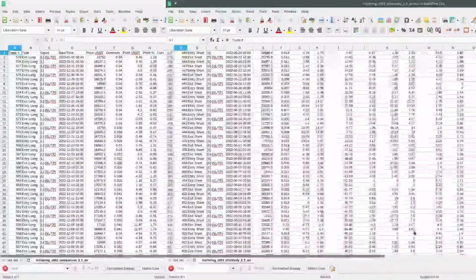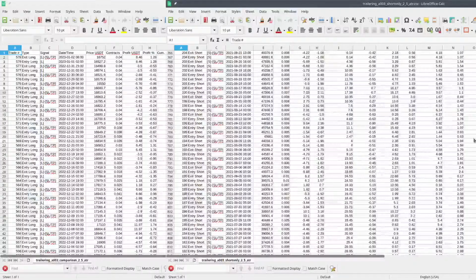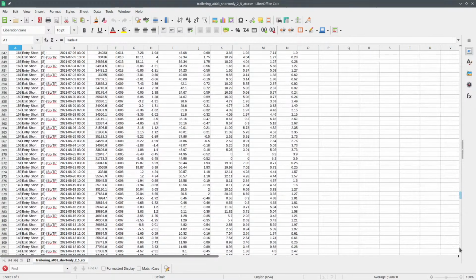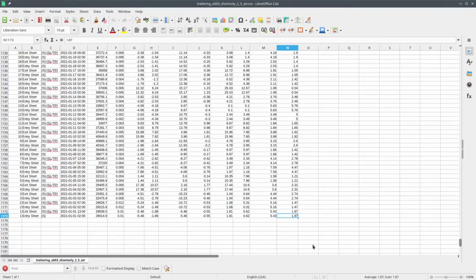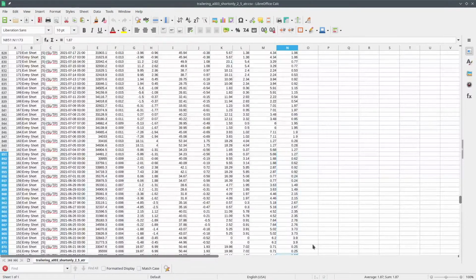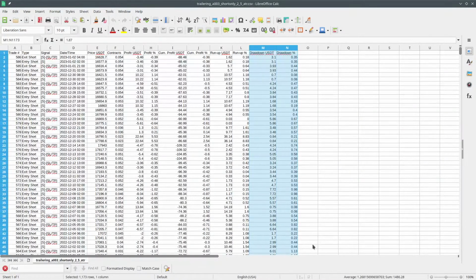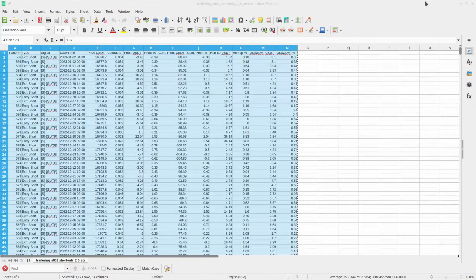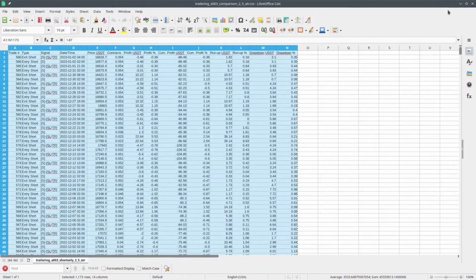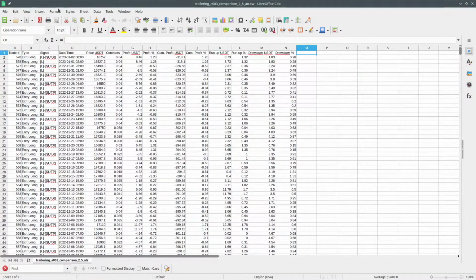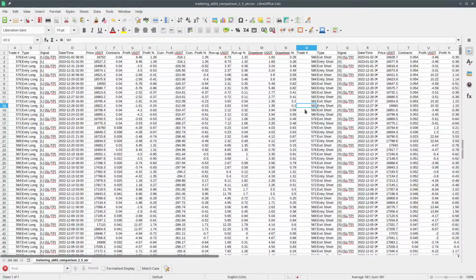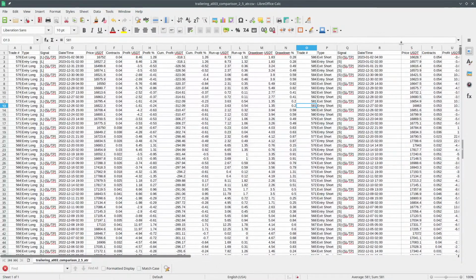So here we can copy and paste everything here. Wait a moment. Let's copy and paste everything here. So edit, copy. And now we can come here and say edit, paste. Nice. So what about the time?